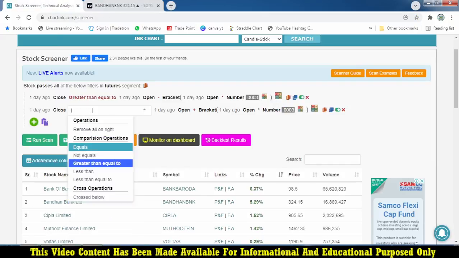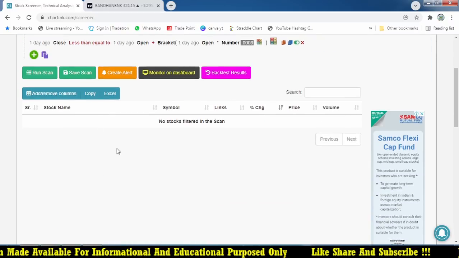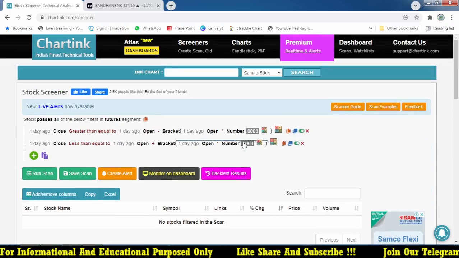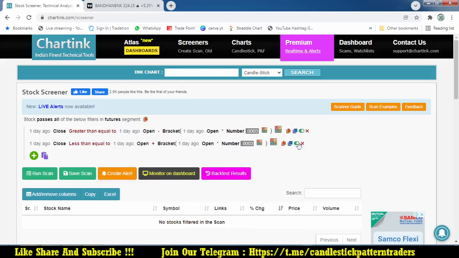Here it must be less than, so that is the reason. If you run it, we didn't get any stocks for the doji 1 day ago. So we don't get any stocks which form such a kind of doji yesterday.